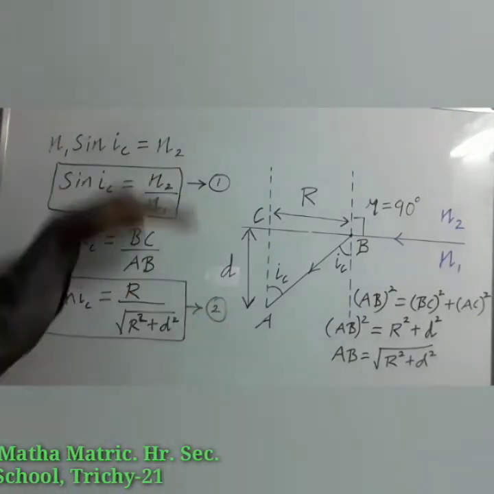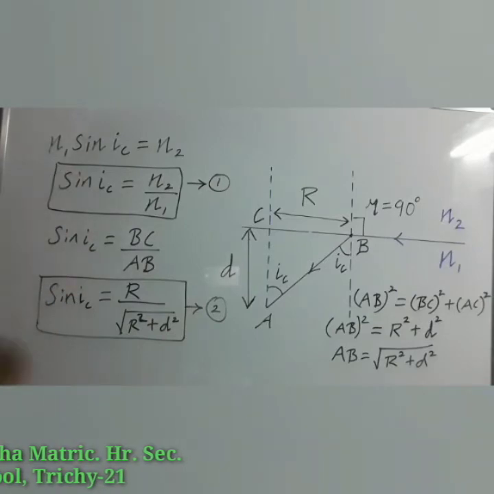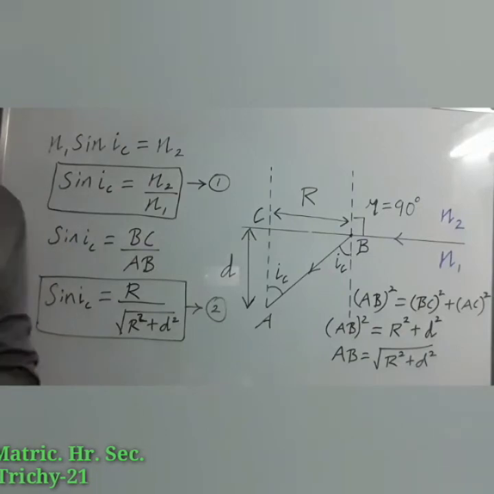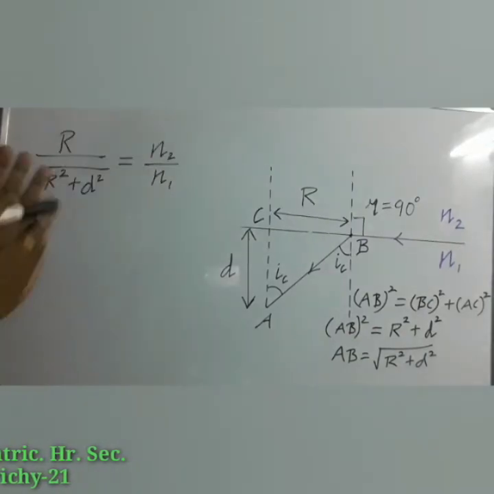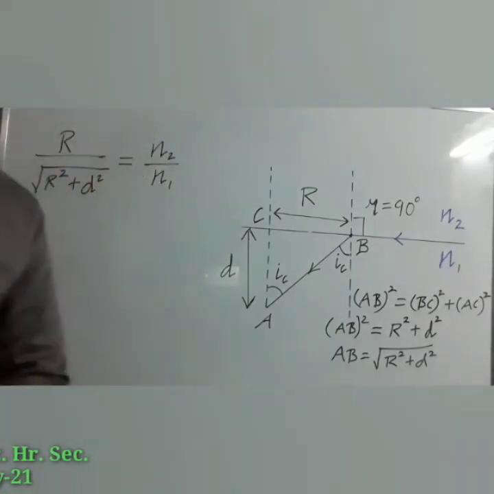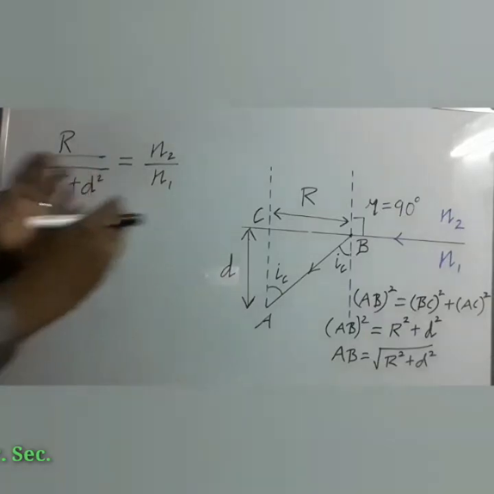Equating these two equations, it's clear the left hand side is equal, so the right hand side also should be equal. So let us equate the right hand sides. Here I have equated the right hand side of the second equation with the first equation. Now we are going to square on both the sides.